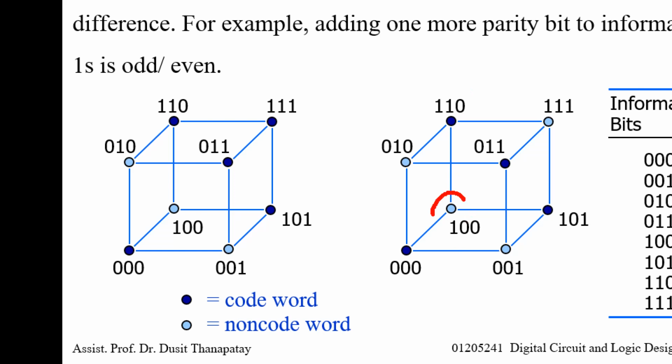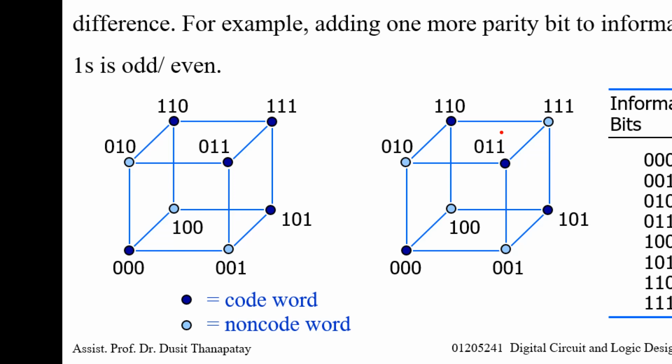The receiver gets this code, no meaning again, so some error occurred, and it requests the transmitter to send the data again. How about this? If this bit is in error, it becomes 1 here, so when the receiver gets 111, no meaning. It's a non-code word again, so the transmitter sends the data again.